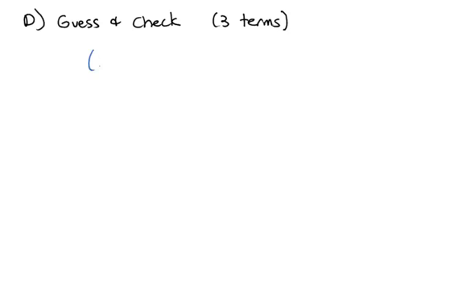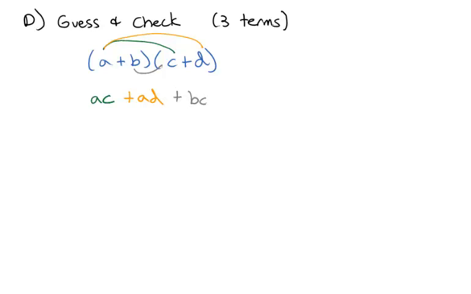And to set this up, we'll remember that we have a plus b times c plus d. And if we multiply it out, we would do a times c to get ac, a times d to get plus ad, b times c to get bc, and finally b times d to get bd.